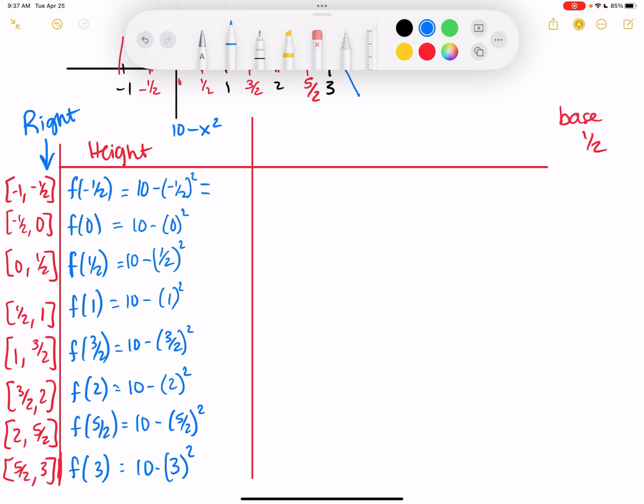I would just probably type that in your calculator. The ones that are whole numbers should be easy.